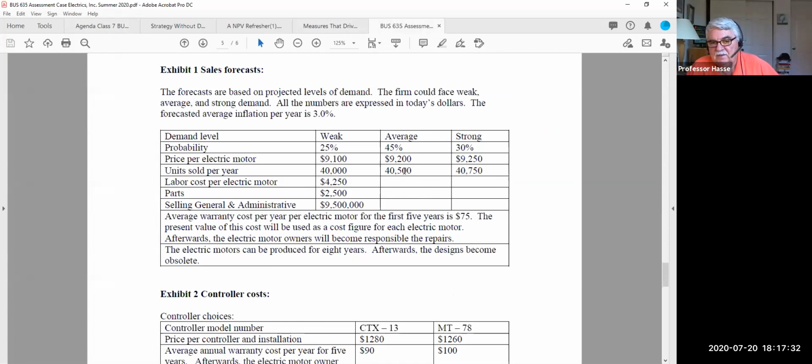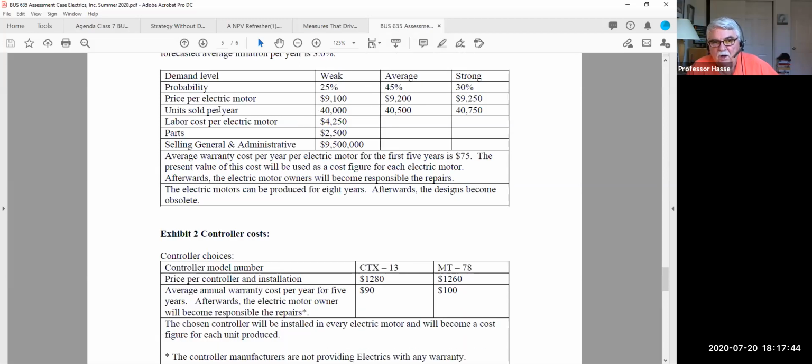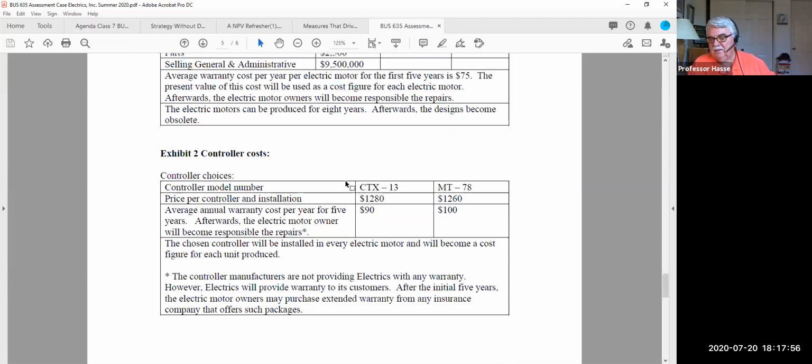And then when you do the scenario analysis, you have to adjust the numbers for the strong case and the weak case, just like we saw in our example. You're going to have to put together the capital budget analysis of determining all the proper selling prices, number of units sold, cost per unit, fixed cost, and determine the net cash flow.